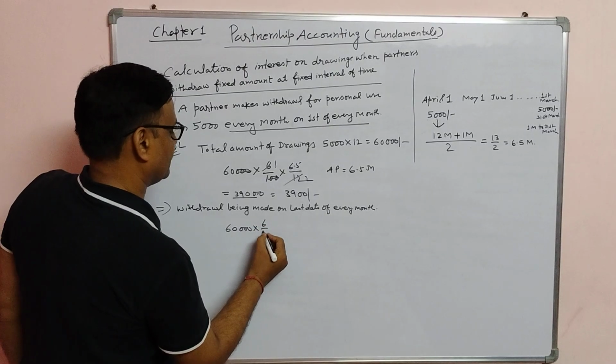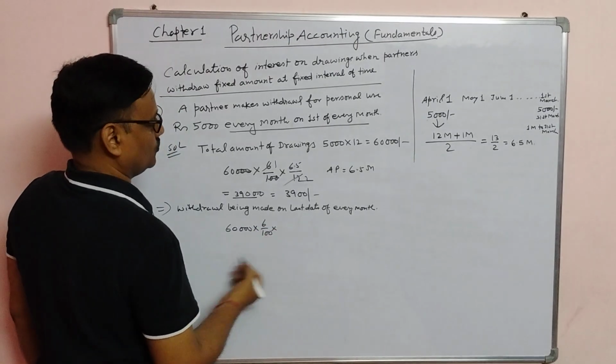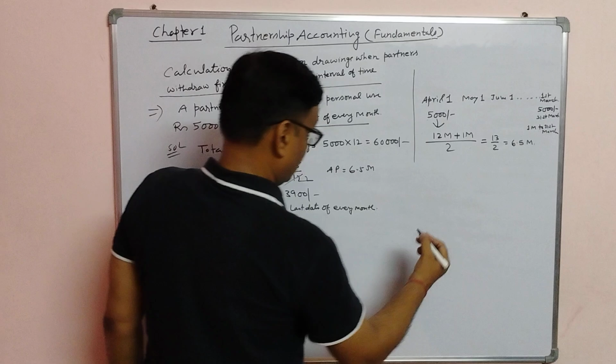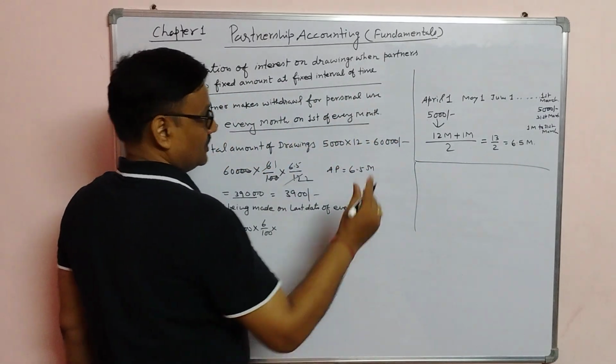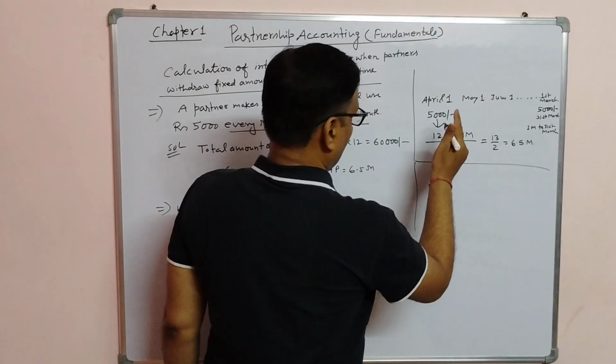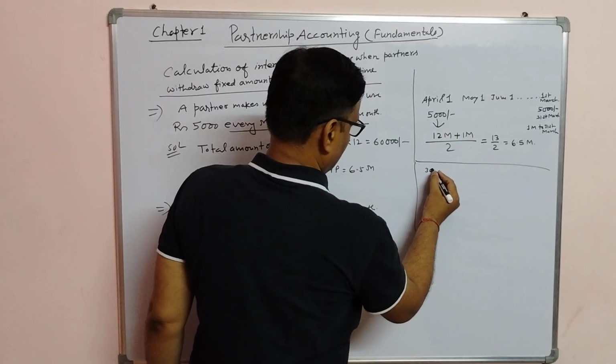into 6 by 100 into, what is the average period here? Let us calculate. What is the average period? Here we will make withdrawal on 30th April.